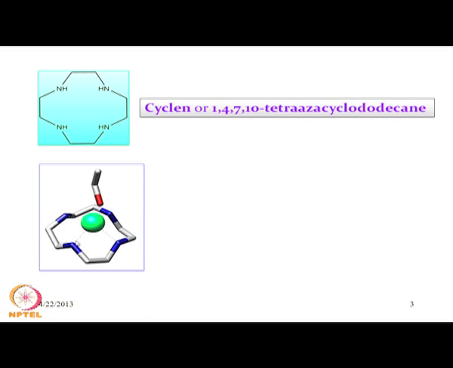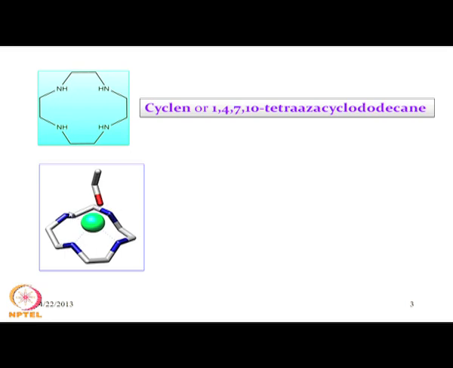So, when we look at how this particular geometry can bind, because these are all saturated CH2 groups, those are all tetrahedral carbon. So, when the tetrahedral carbon tries to bind a metal center, this entire ring basically cannot be a planar one, but it is a puckered one, where we see the 4 nitrogen atoms, these NH groups: this is the first nitrogen, this is second, this is third and the fourth one.